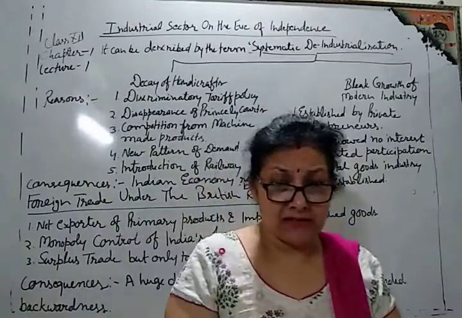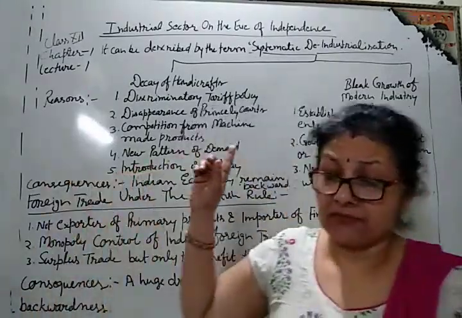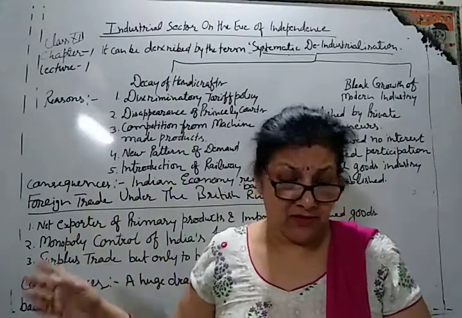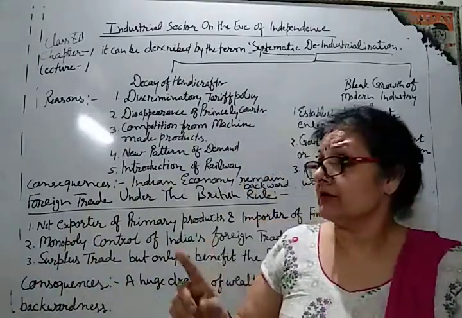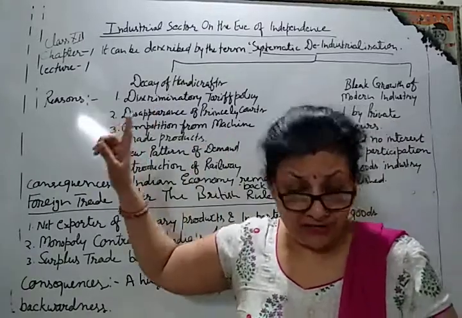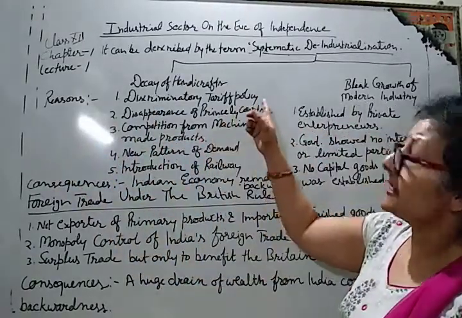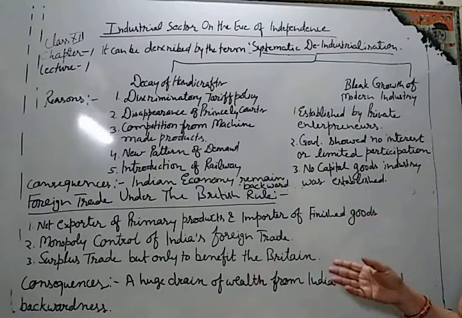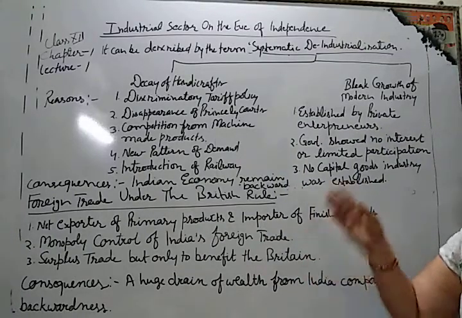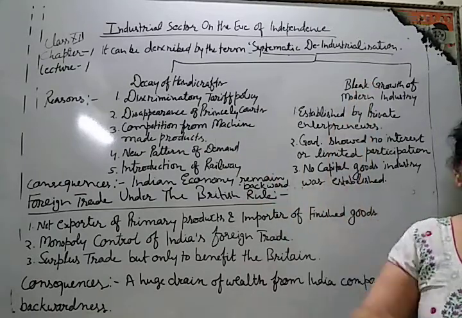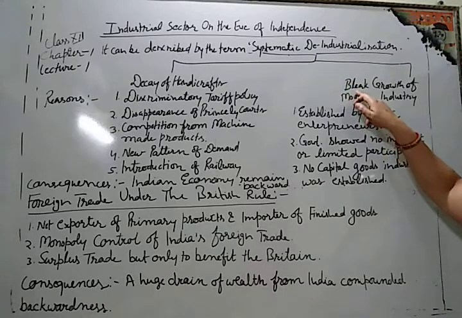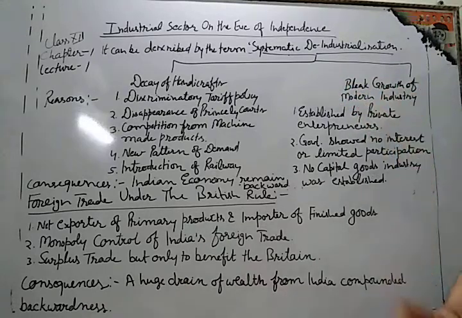And how does it happen? This term describes two ways. First of all, decay of world famous handicrafts, and secondly, not only were established handicraft industries exploited, but there was bleak growth of modern industry also during the British period.